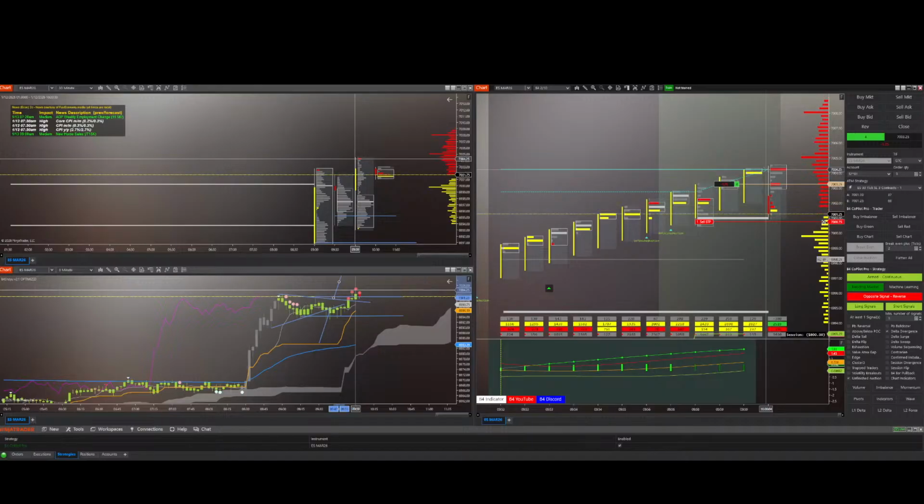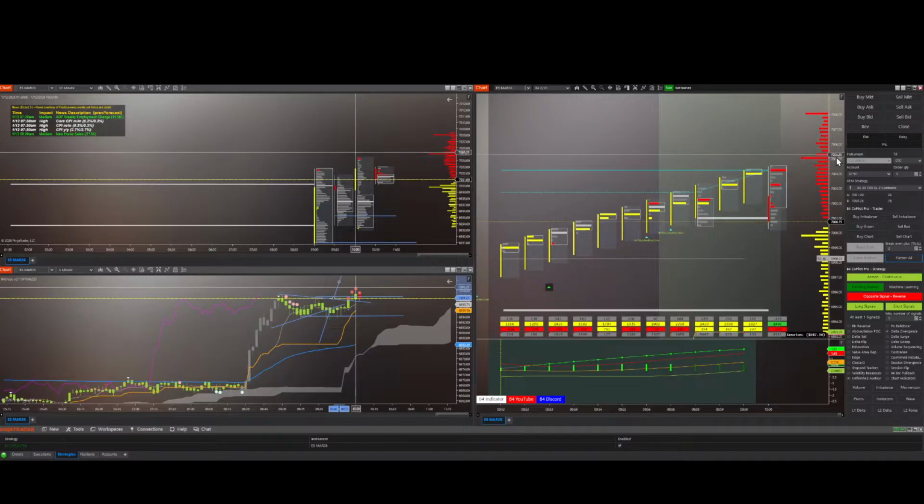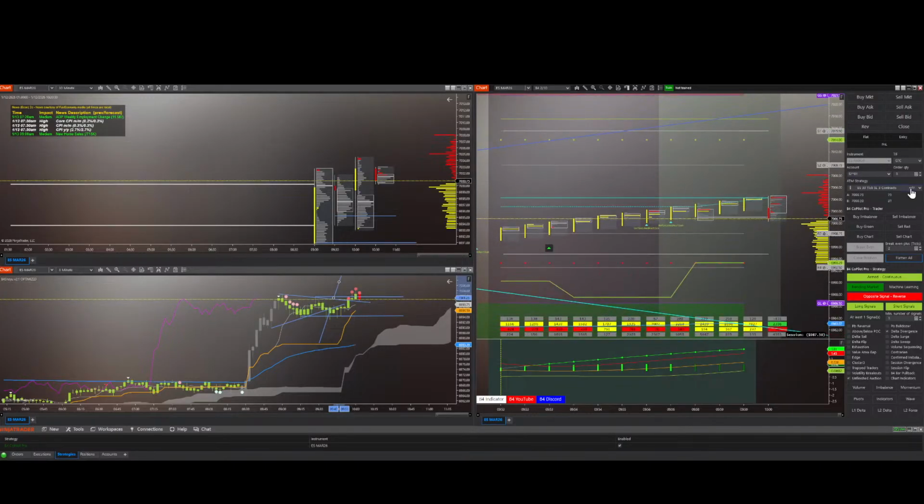Stop filled. Stop filled. Flatten all here. Order filled. I'm going to go ahead and move my contracts up to 6 for this next order.